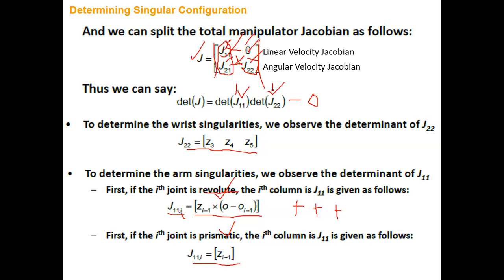I want you to understand this clearly. Is that true for any Jacobian problem? Yes, okay. But remember, you have to make sure this block is 0, right? That's the assumption.